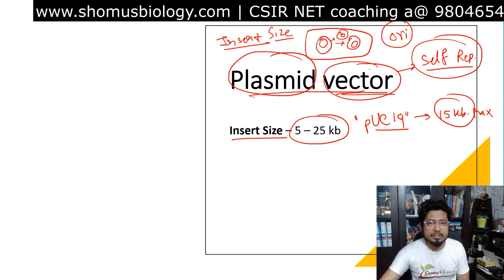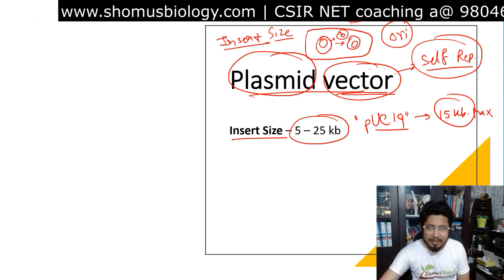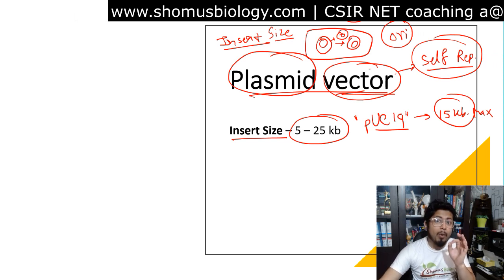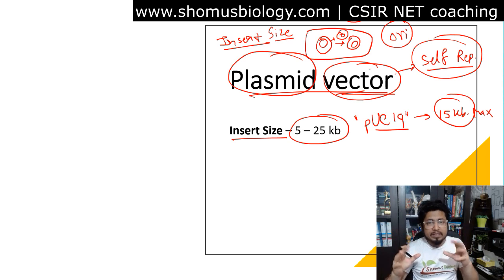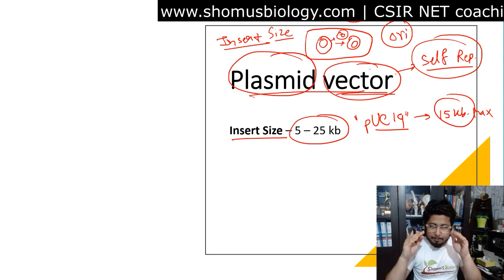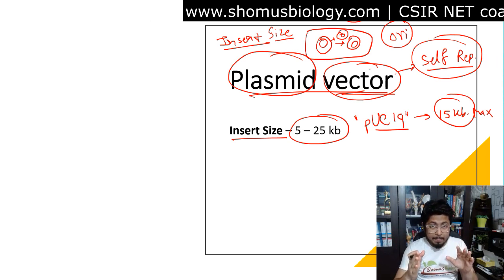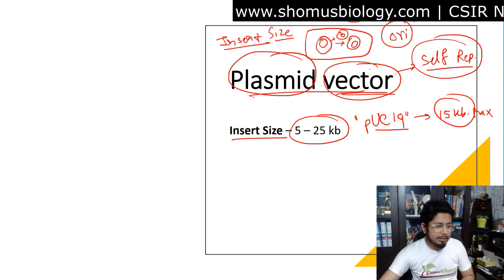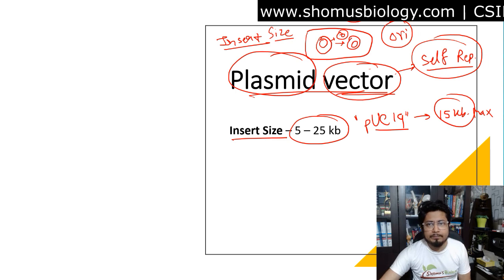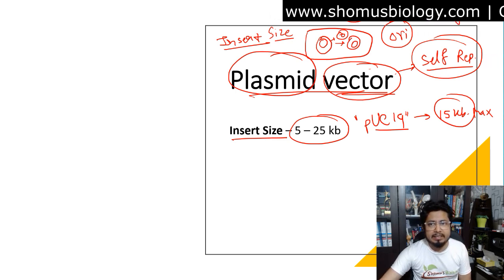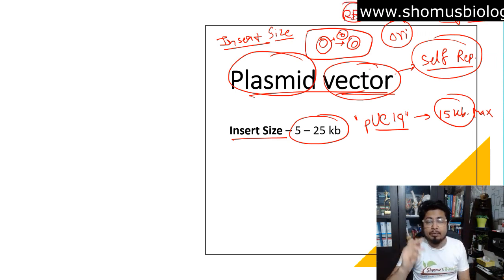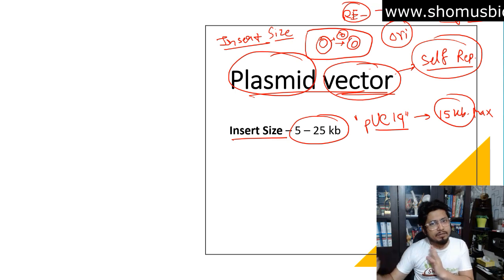So we need a restriction endonuclease cut site, which is known as the multiple cloning site or polylinker, because this cloning site is a place to cut the vector, and that place can be cut with multiple restriction endonucleases. Poly means multiple. So the polylinker, or multiple cloning site, is a site which can be cleaved by multiple types of restriction endonuclease.